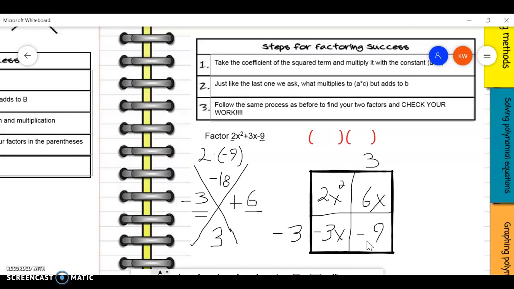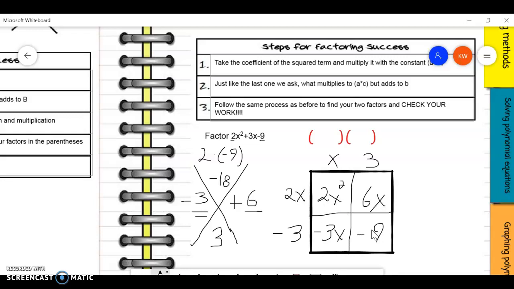Now, I know that this works right now because -3 times +3 gives me -9. So we're good there. Now we can go through and do the rest of our multiplication. Now, -3x and 2x squared have a GCF of x. And 2x squared and 6x have a GCF of 2x, because they're both divisible by 2 and they both got an x.